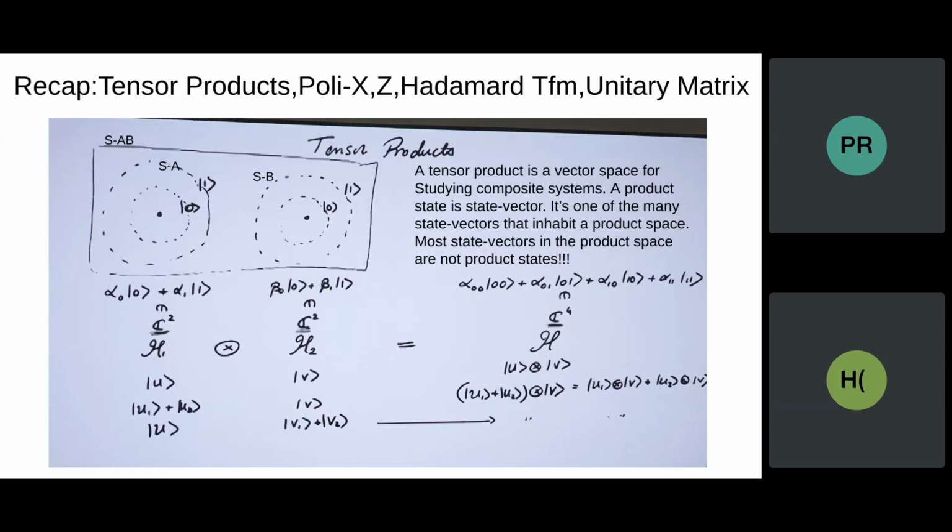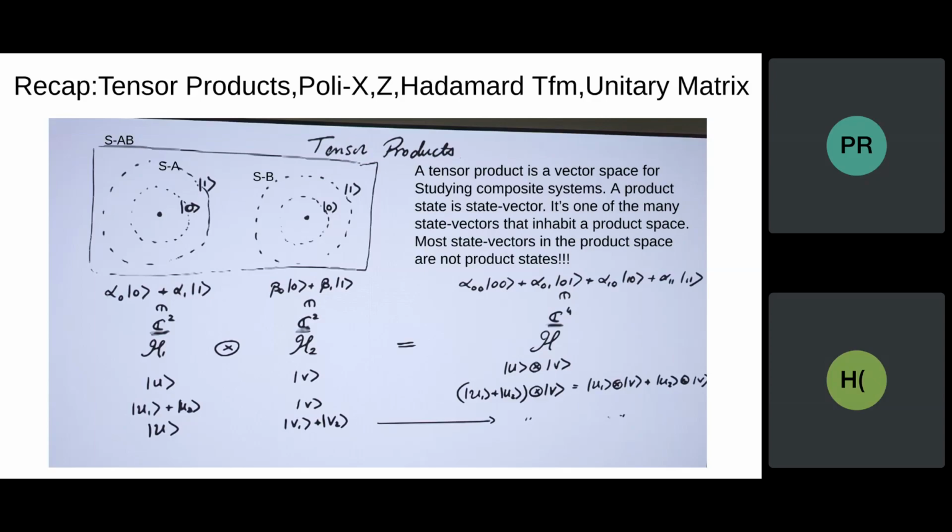and a product state is a state vector. So the product state ket 0, ket 1 of system A and system B are both state vectors, which are also called the product space.